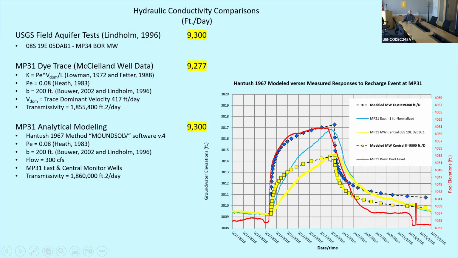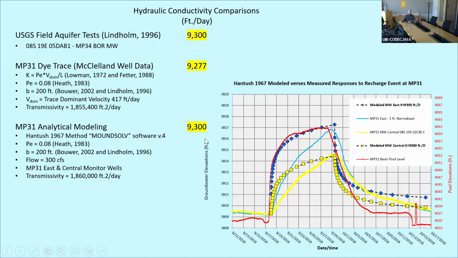Using that input to match the peak water level reached in the groundwater system near the recharge basin in two of those wells, the symbol data with dashed lines, symbol yellow, symbol blue, those two modeling exercises generated the same value of 9,300 feet per day as the USGS.